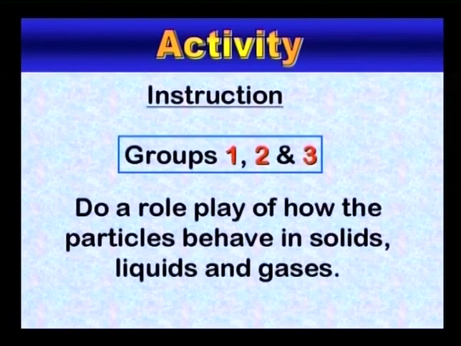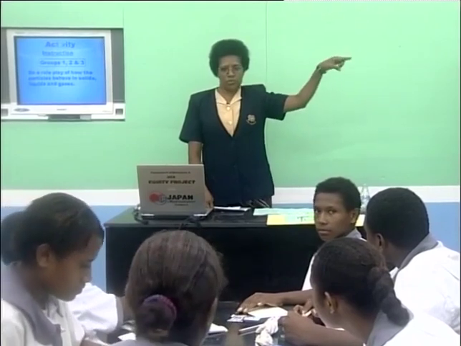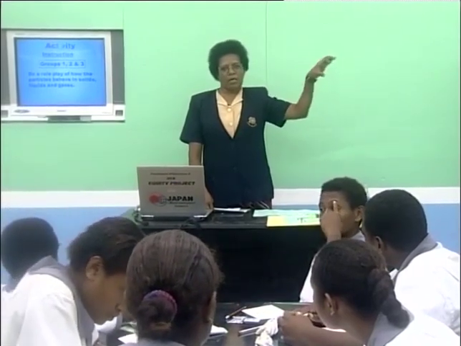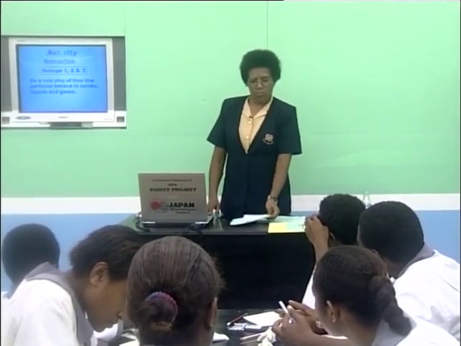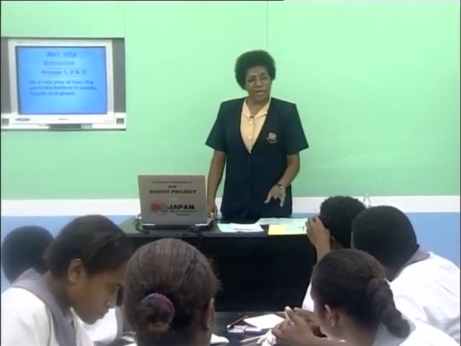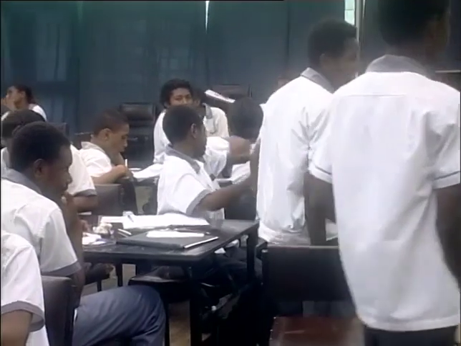Now listen, groups 1, 2, and 3, we don't have space in the room, so you are going to go out to the car park and you look through the guideline and rehearse. You practice how particles behave in each of those states of matter. So if I can have the runners, please, from each group, 1, 2, and 3.